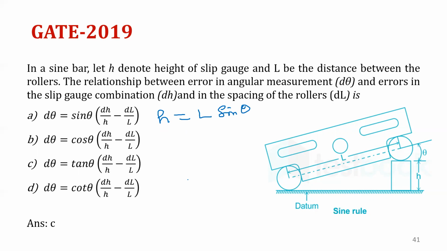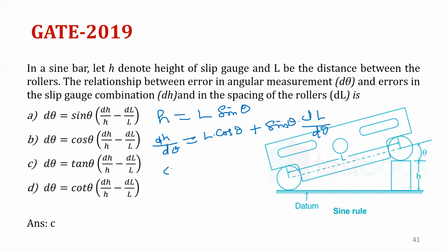To get the relation, we differentiate this with respect to theta, partial differentiation. So dh by d theta is equal to L as it is, and the sine theta differentiation is cos theta, plus sine theta as it is into dl by d theta.